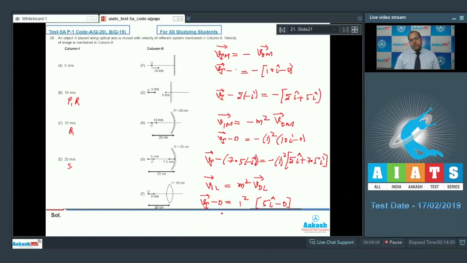So from here the velocity of image comes out to be 5. So the correct matching will be A, and A have a matching T. So the correct answer for question number 20, for entry A it is T, for entry B it is PR, for entry C it is Q, and for entry D it is S.